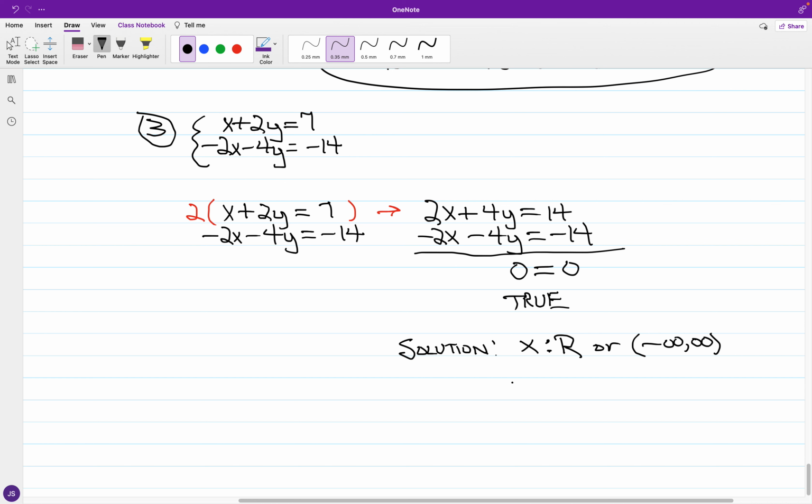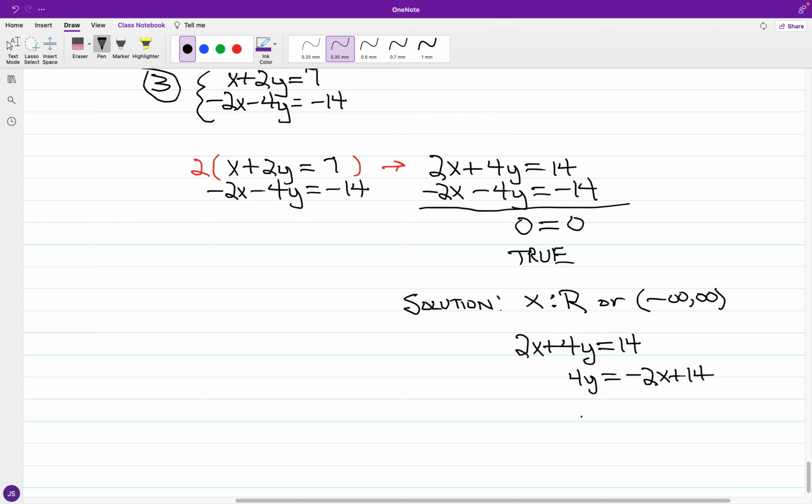But in the case of solving for y, if I go back, if I isolate the y term, if I take 2x away from both sides, I was misreading that one.